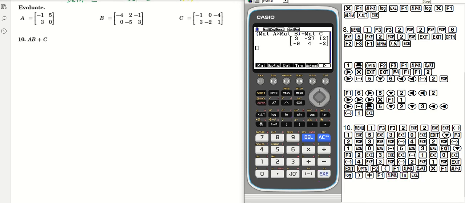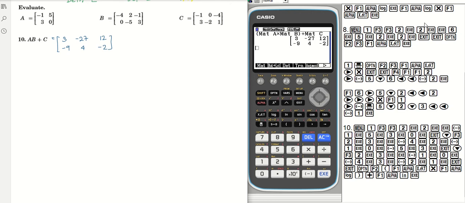So we have 3, negative 27, 12, negative 9, 4, minus 2. So let's write it here. We have 3, minus 27, 12, negative 9, 4, negative 2.